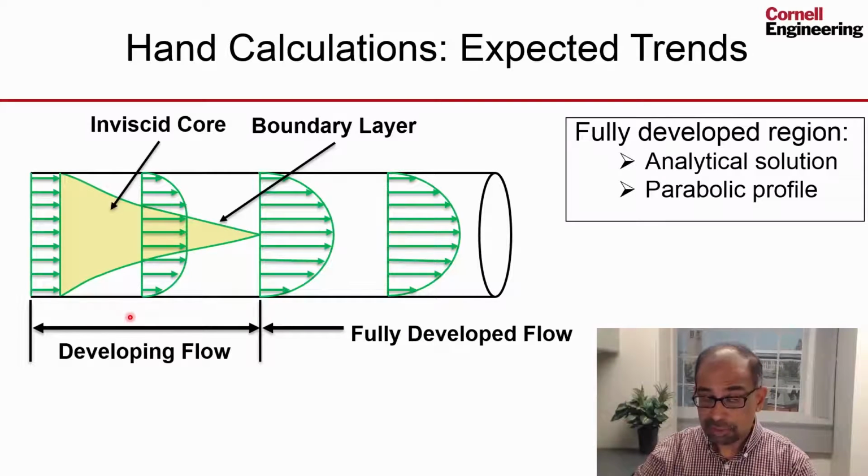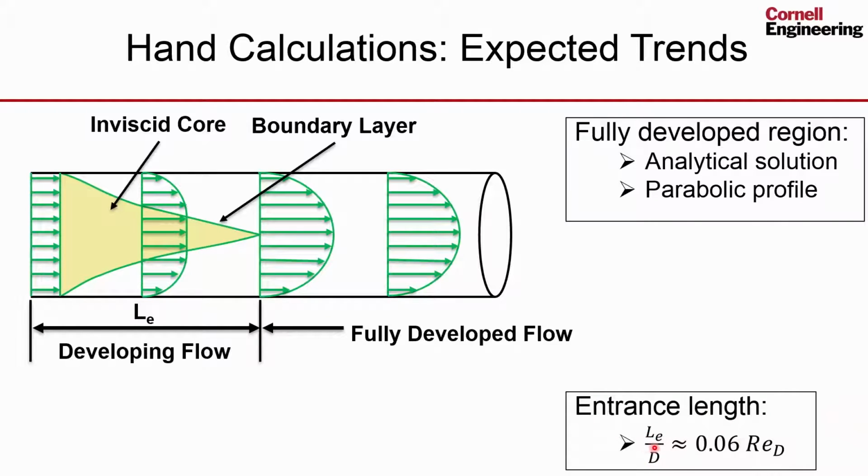In the developing flow region, you don't have an analytical solution, but you can predict the length of the developing region, which is called the entrance length. So I'm denoting it as L sub E here. This is the length that it takes for the flow to go from a uniform profile to a parabolic profile.